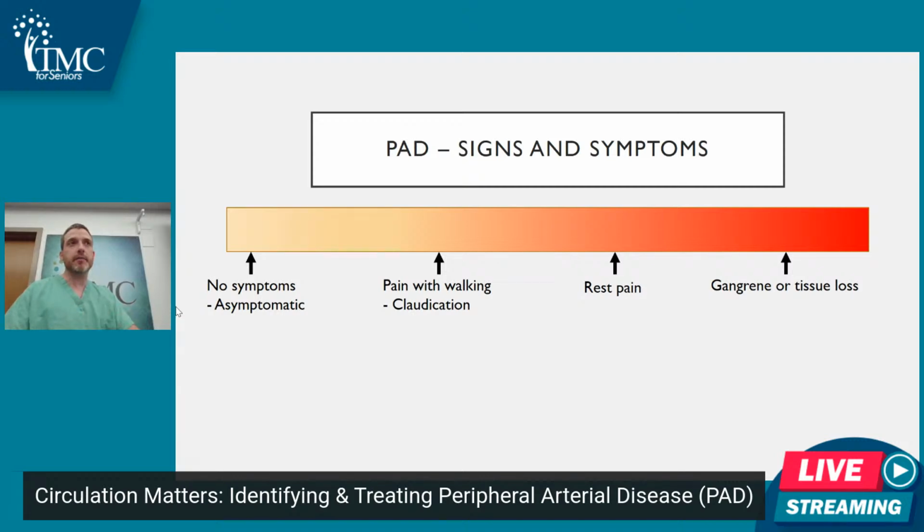The first thing people notice, like I said before, is that the most common location is in people's legs. So we're going to focus on lower extremity, or leg, peripheral arterial disease. As somebody goes for a walk, they may go half a mile or a mile, and they may notice their calves cramp up or get weak.